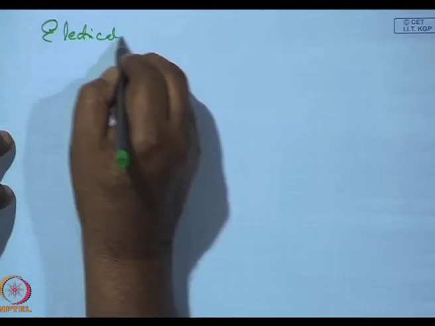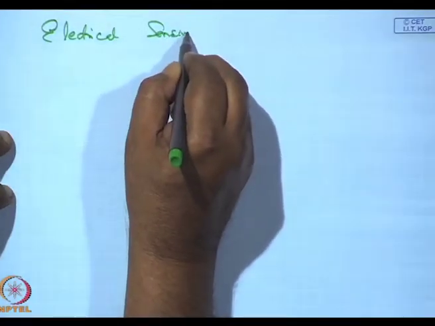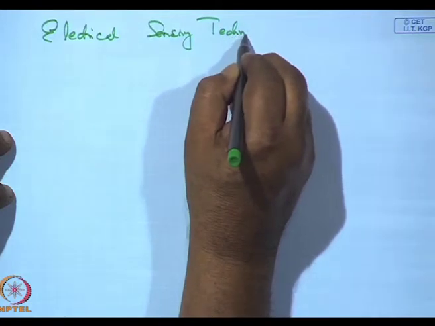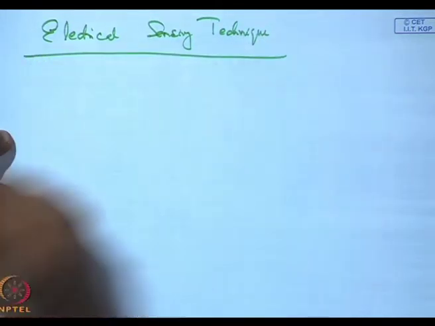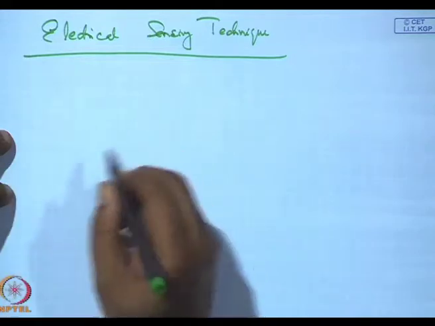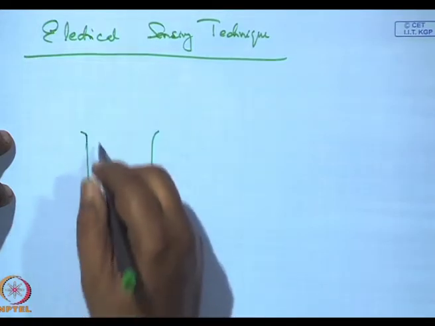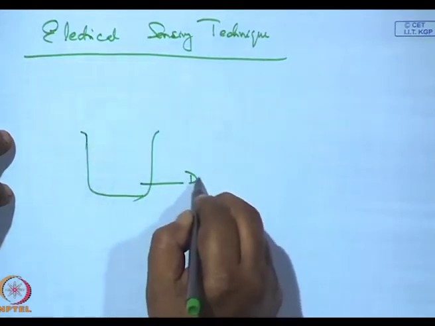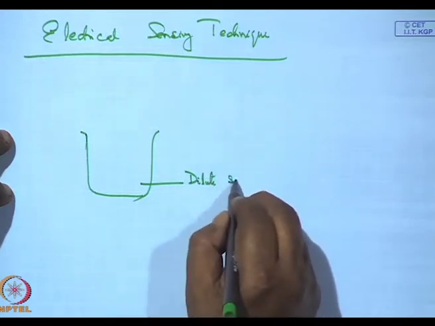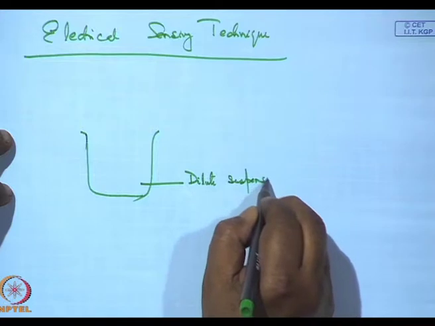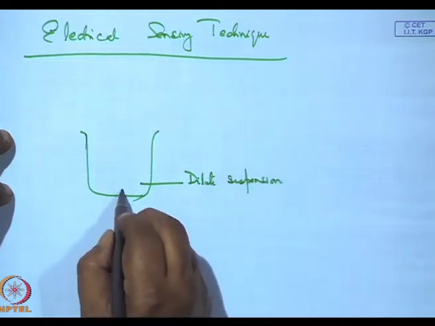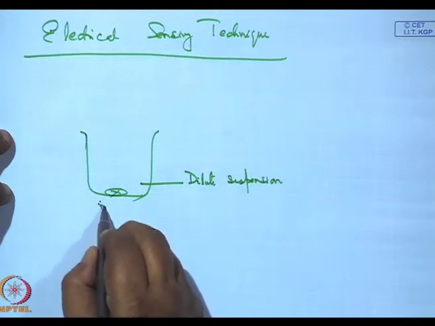Another industry standard technique is electrical sensing technique, and this is also a very simple material. You have got a beaker or a container in which you have got a dilute suspension. This is being constantly stirred. You have got a magnetic stirrer.